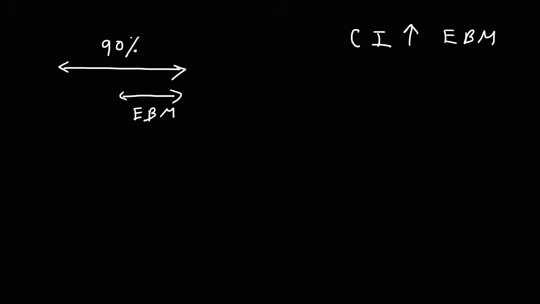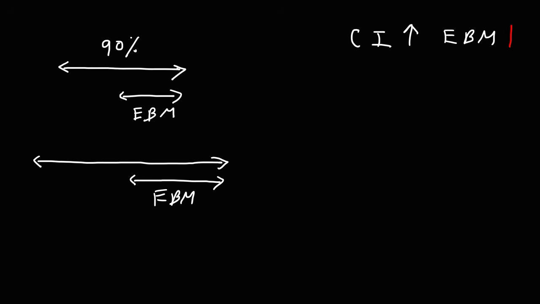Now, let's say we increase the confidence level from 90% to 95%. A 95% confidence interval will be longer than a 90% confidence interval. So because the EBM is half of that, the EBM is going to be longer as well. So as you increase the length of the confidence interval, the margin of error increases as well because they're directly related. The EBM is half of the confidence interval.